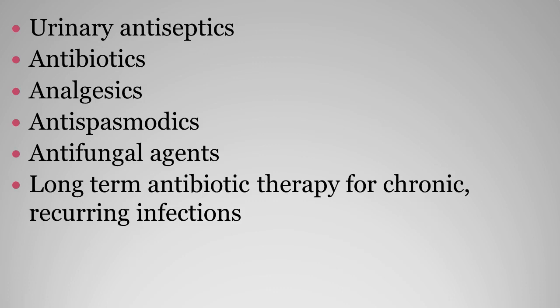As I said before, with interstitial cystitis, that's how we would accurately diagnose that, through a cystoscopy. With interstitial cystitis, it's also noted that these patients do have small capacity bladders.